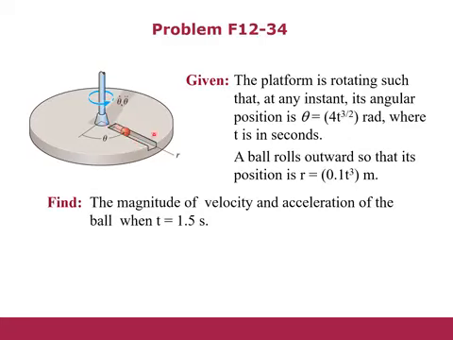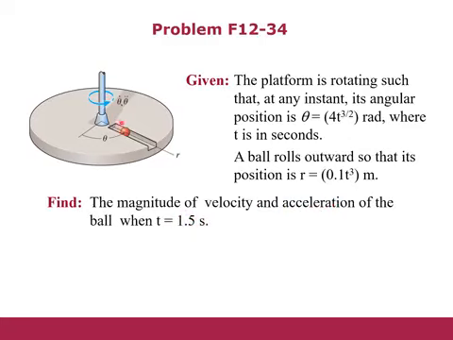At any instant we are provided with the transverse position, theta, which is 4t^3/2, and we are also provided with the position of the ball, r, which is 0.1 t cubed. We have to find the magnitude of the velocity and acceleration after 1.5 seconds.